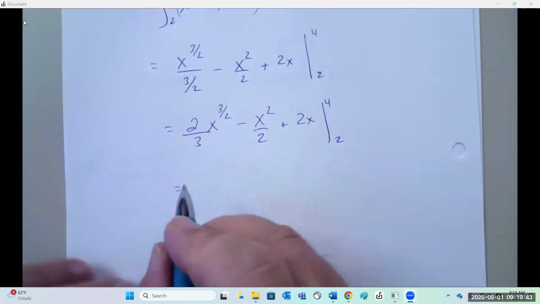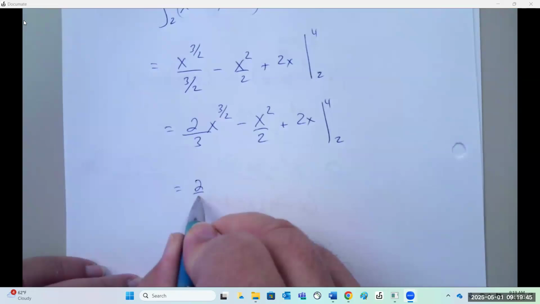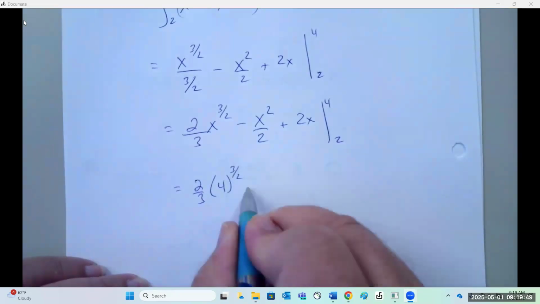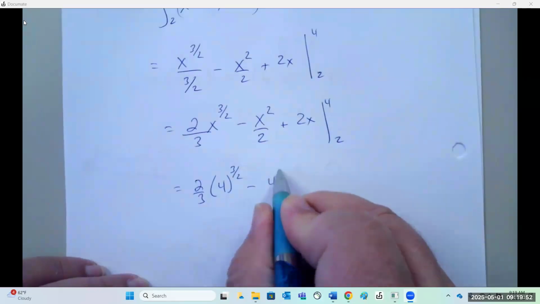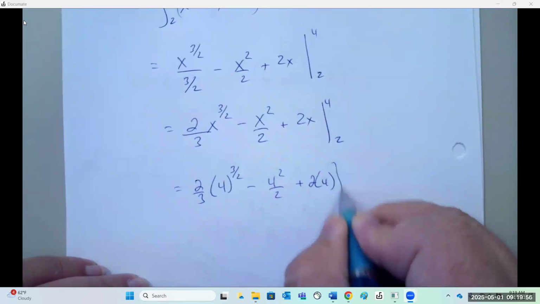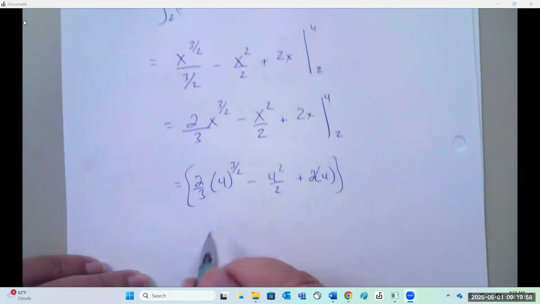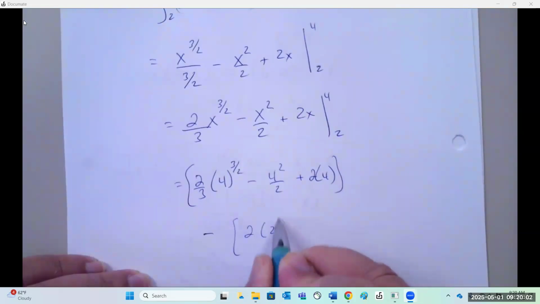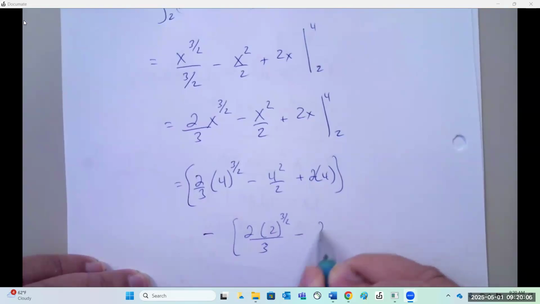So we have 2 over 3 times 4 to the power 3/2, minus 4 squared over 2, plus 2 times 4, minus 2 times 2 to the power 3/2 over 3, minus 2 squared over 2, plus 2 times 2.